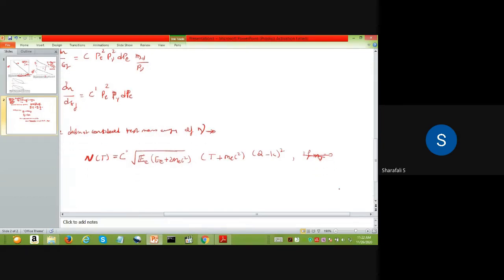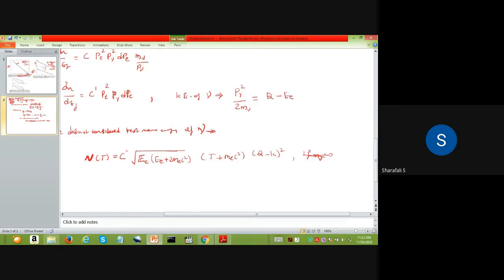Now if you consider the rest mass, your equation will be something different. How is it going to be different? That will depend on your Q square by 2m. The kinetic energy of the neutrino will be given by p nu square divided by 2m nu, and this will be equal to Q minus Ee.